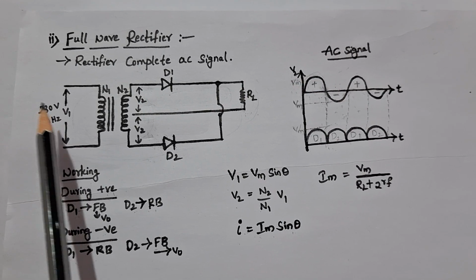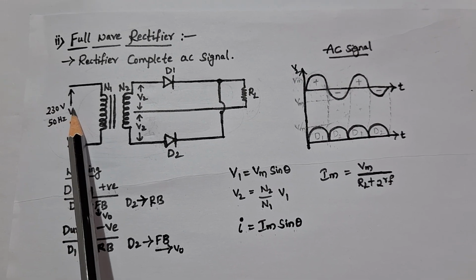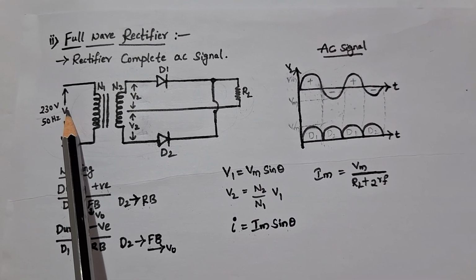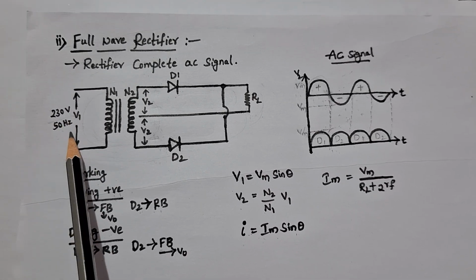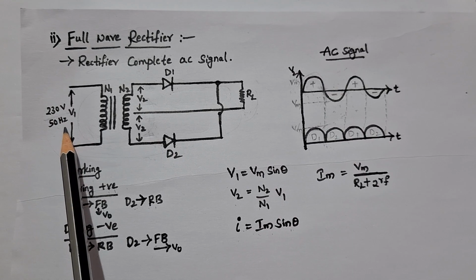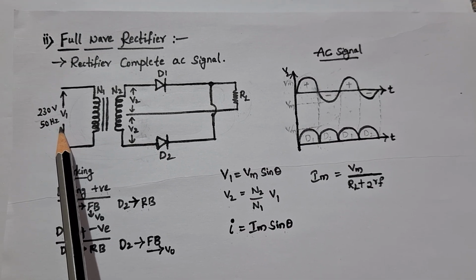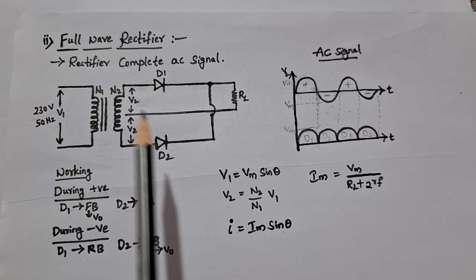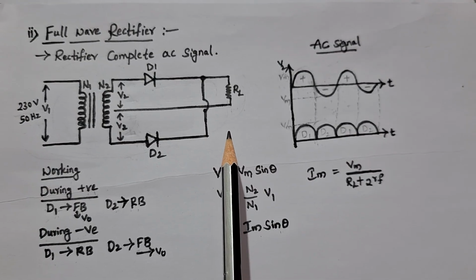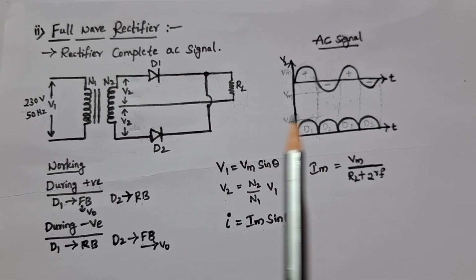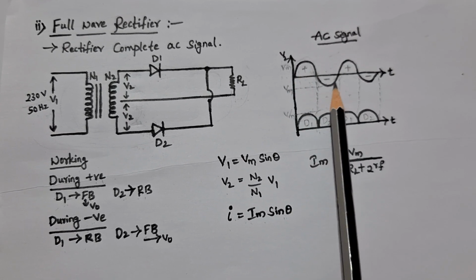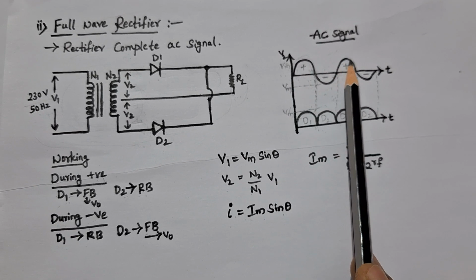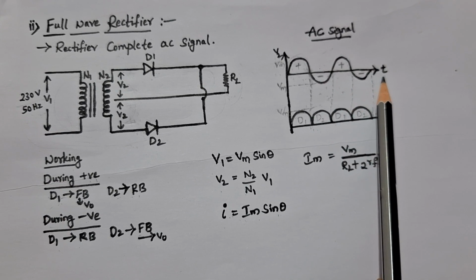V1 is an AC power supply, which will be 230 volts and 50 hertz. Now V2 has both the positive half of the input cycle as well as the negative half of the input cycle.